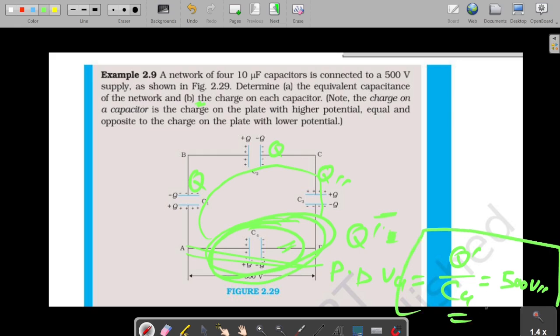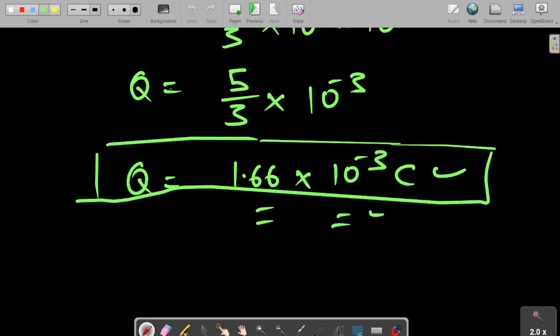So from this equation we will calculate our charge Q dash. So Q dash upon C4 is equal to 500 volt.